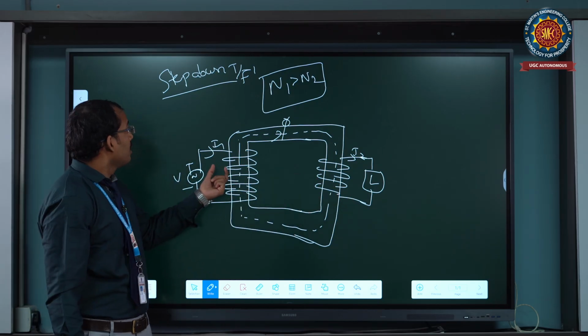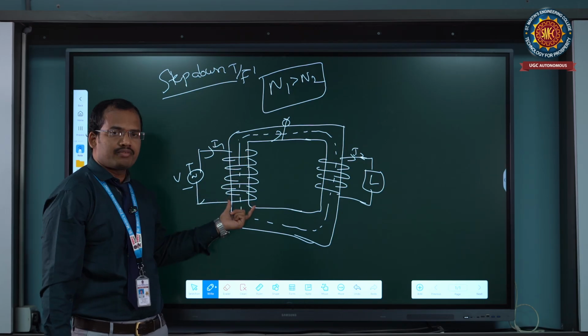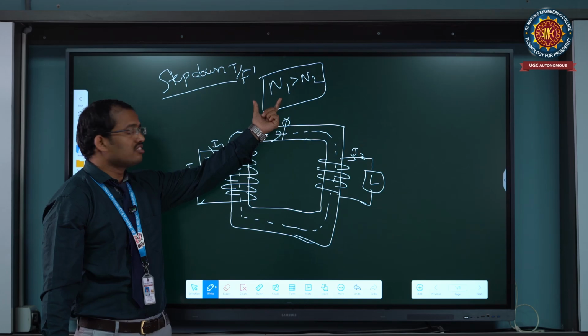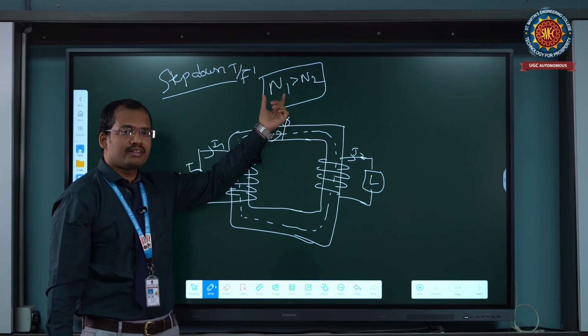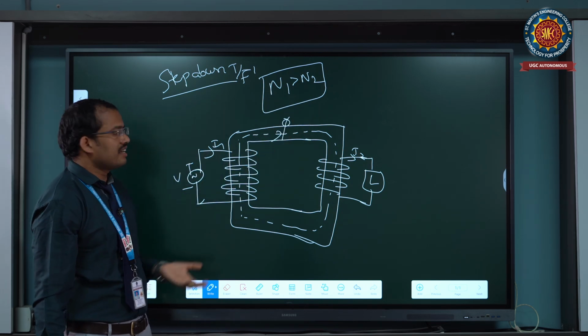The primary side has more turns and the secondary side has fewer turns. So the basic principle is N1 greater than N2. This is the step down transformer.